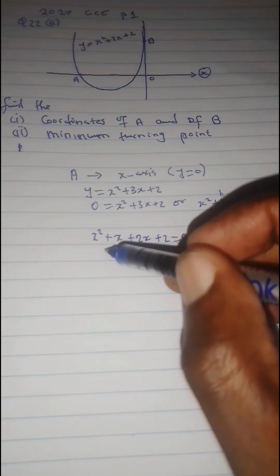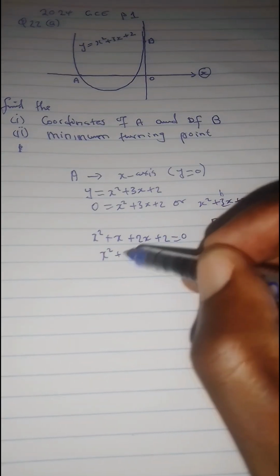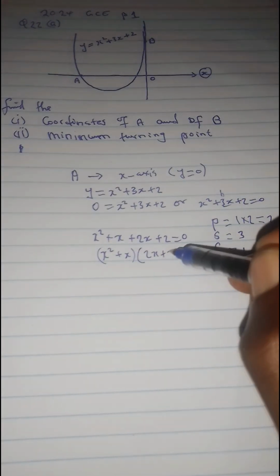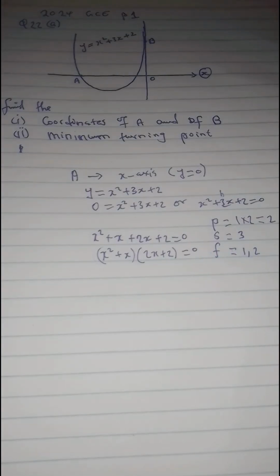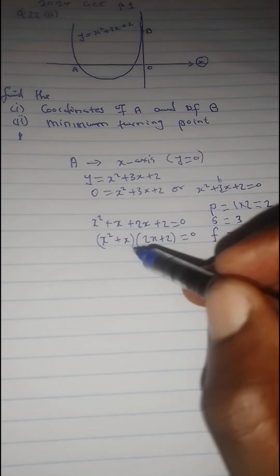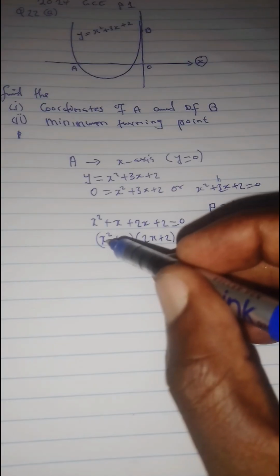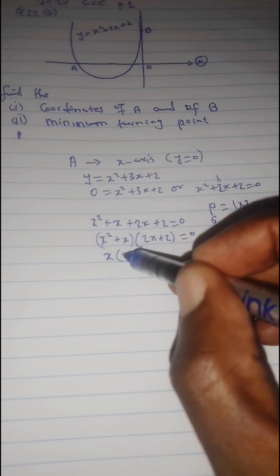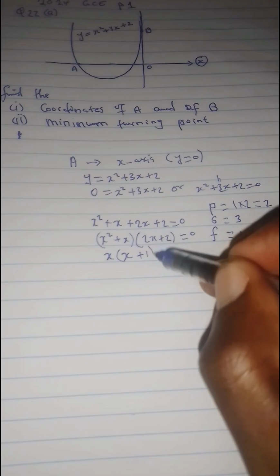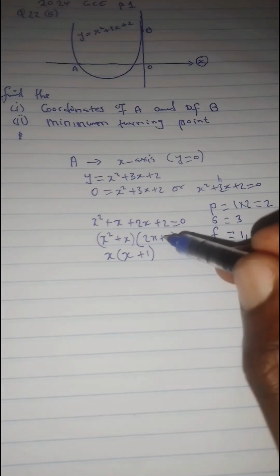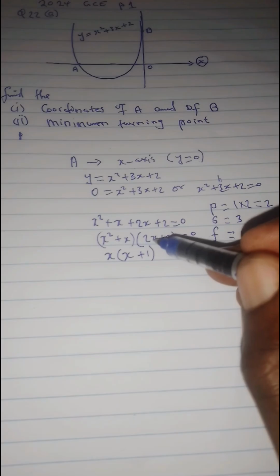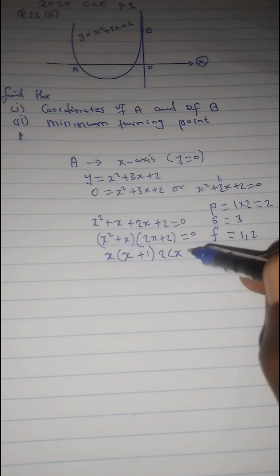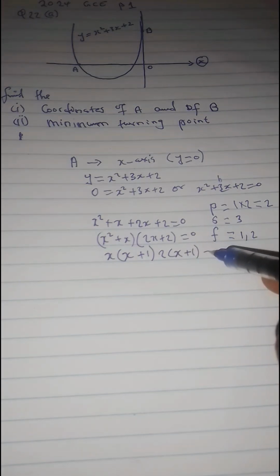Then we group them in brackets: x squared plus x, and 2x plus 2, equals 0. Then we factorize. What is common between x squared and x is x, so we have x times x plus 1. And between 2x and 2, the common factor is 2, so 2 times x plus 1 equals 0.